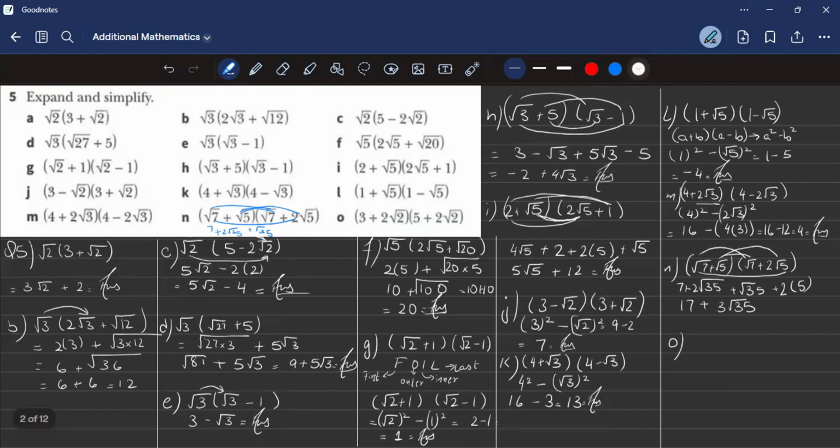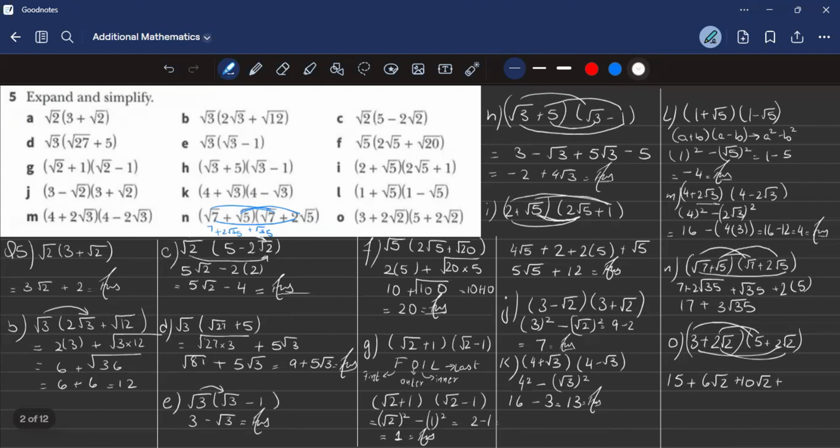For part O, we have 3 plus 2 under root 2 multiplied by 5 plus 2 under root 2. Now we are going to use the FOIL method again. So this is the first value again. So 5 times 3 is 15, plus the outer value here, plus 6 under root 2, the inner value, that is equal to 5 times 2 is 10 under root 2, and the last value, which is equal to 2 multiplied by 2.